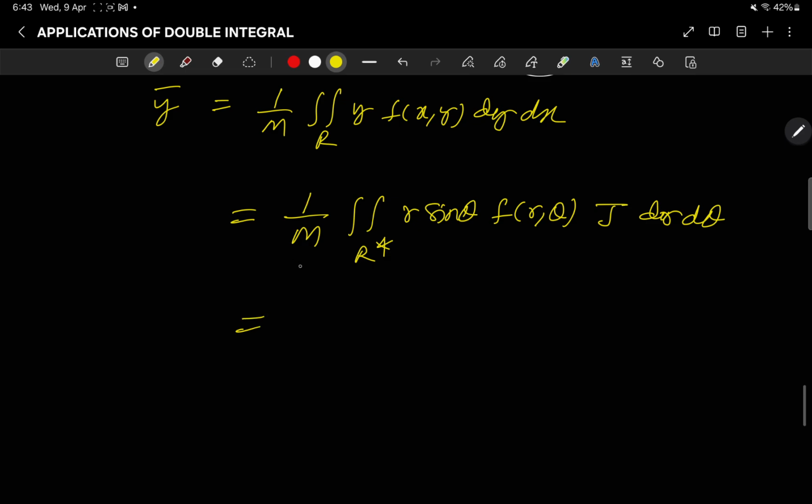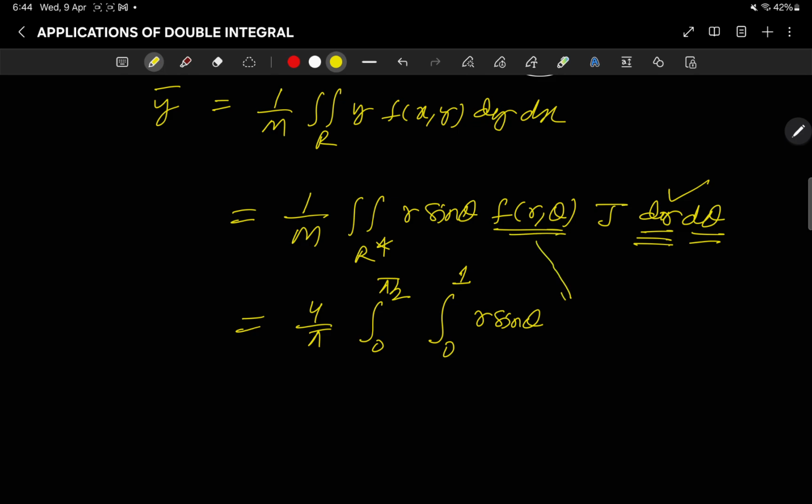So this is pi by 4 means 4 by pi, here 0 to pi by 2 limit of theta in the first quadrant, and 0 to 1 limit of r, the radius, it is r sin theta, and this is your 1, and here Jacobian is your r dr d theta.